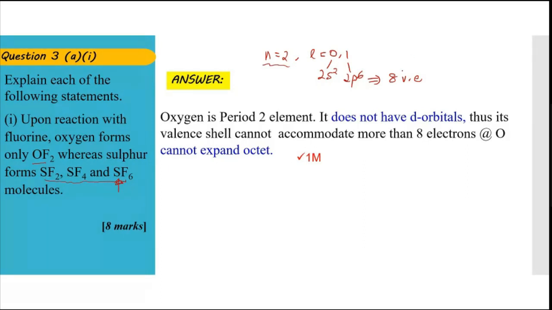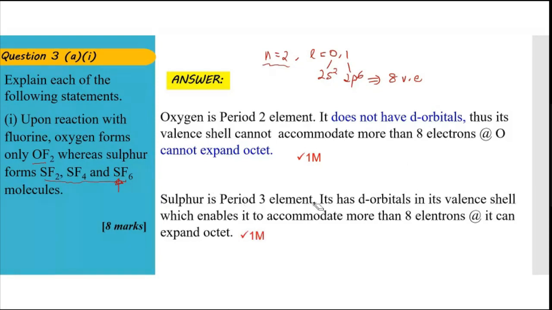So it cannot accommodate more than 8 valence electrons. That's the explanation here. Oxygen, being a period 2 element, does not have d orbitals, so the valence shell cannot accommodate more than 8 electrons, or oxygen cannot expand its octet. Maximum it can place is 8 only.